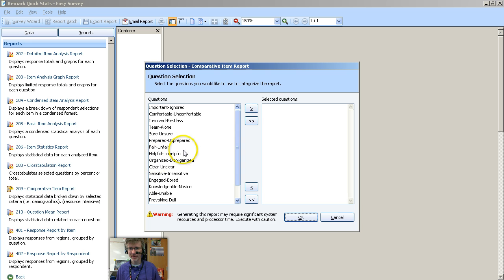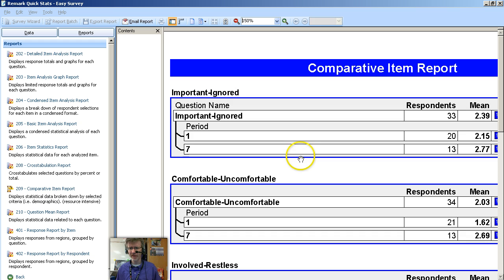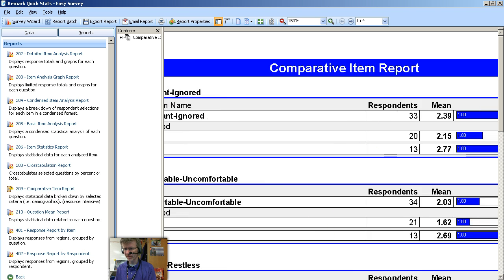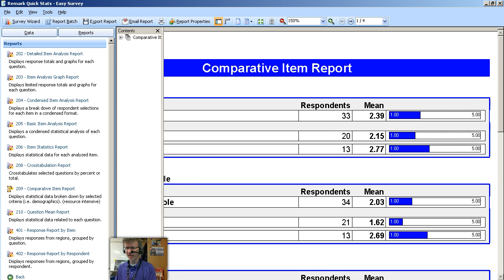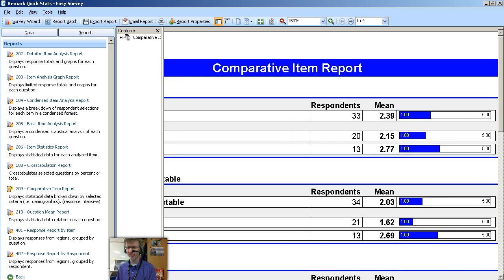Comparative item report. So let's say I want to categorize by period. And so I'm categorizing my report. So important to ignored for period 1 and period 7, 20 respondents, 13 respondents. The mean for period 1 was 2.15, and the mean for period 2 was 2.77.